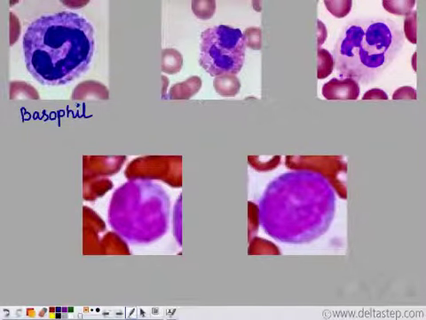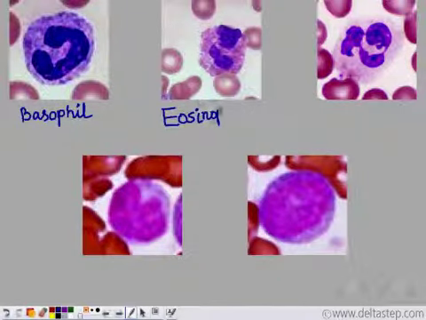This white blood cell has a bilobed nucleus and is known as the eosinophil. This kind of white blood cell which has a multiple lobular nucleus is known as a neutrophil.